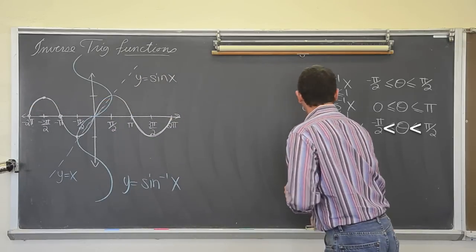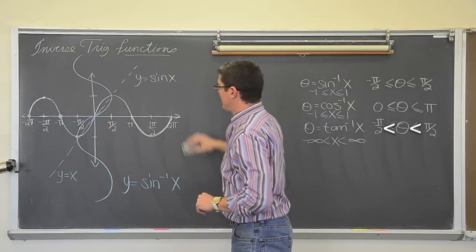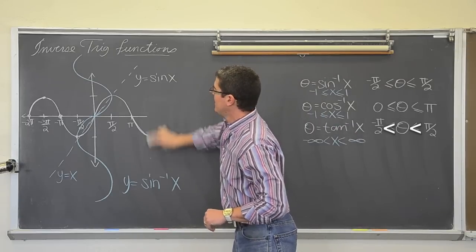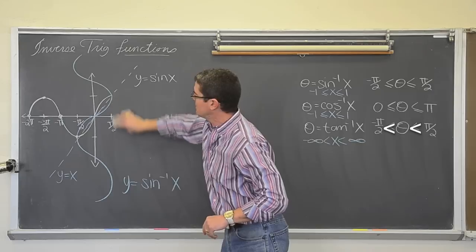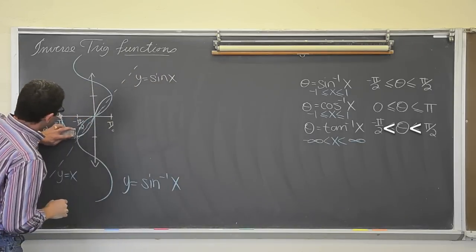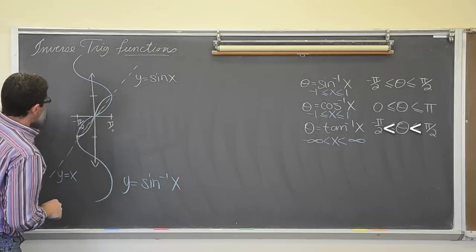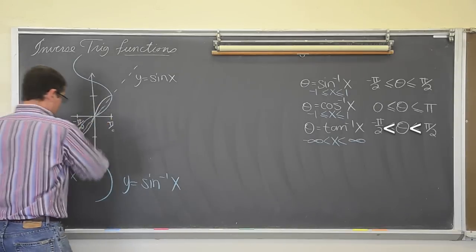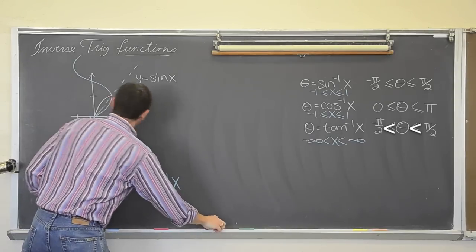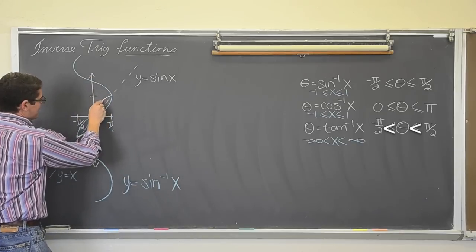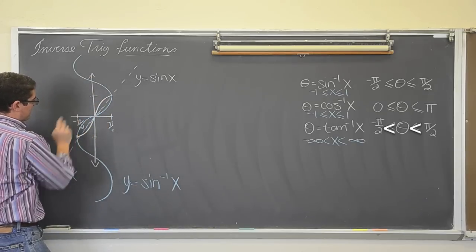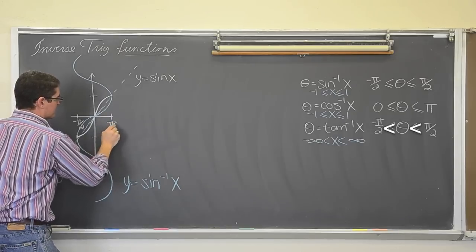So what we do, and where these restrictions come from, is we take the sine graph and we restrict its domain to basically just this tiny little scribble. Is that even a word? This tiny little S-shaped curve between negative pi over 2 and positive pi over 2.